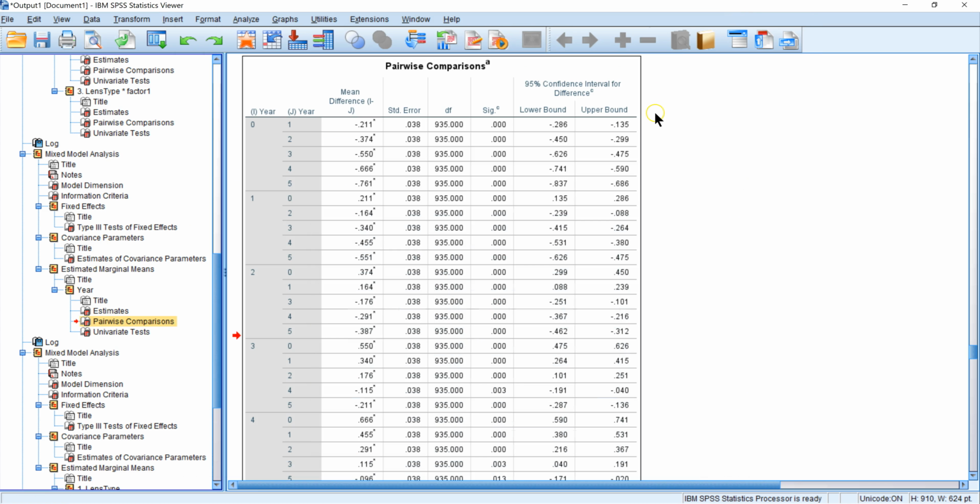So we have a slightly different way of organizing, but paired comparisons still come out the same. 0 to 1 is the difference, and this is the standard error. You get the degrees of freedom and the significance. And one thing you should point out is all the standard errors are the same. Where do these come from?